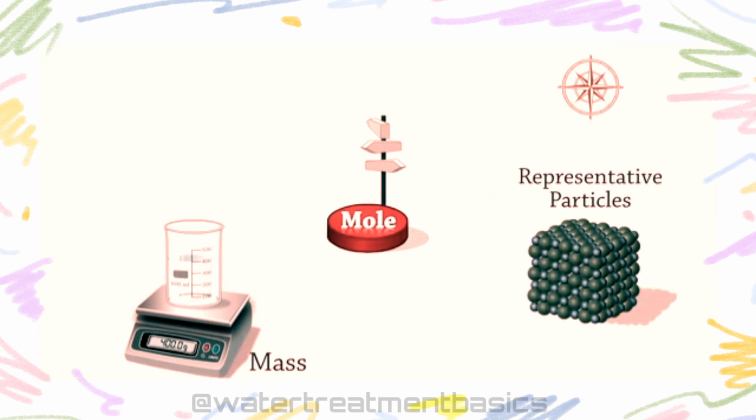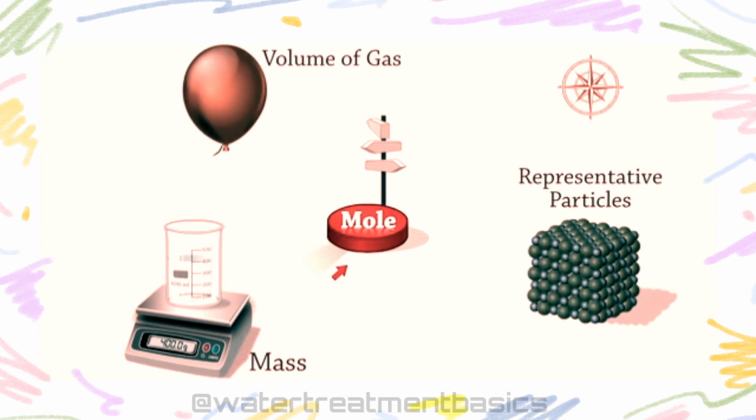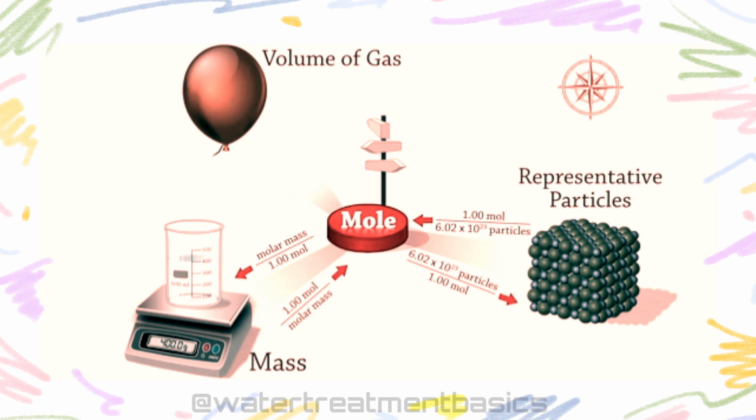Based on our experience with these examples, we can draw a map that relates all these kinds of conversions. To go from mass to moles, or moles to mass, use the molar mass, grams per mole. To go from the number of particles to moles, or moles to number of particles, use Avogadro's number, 6.02 times 10 to the 23rd particles per mole.